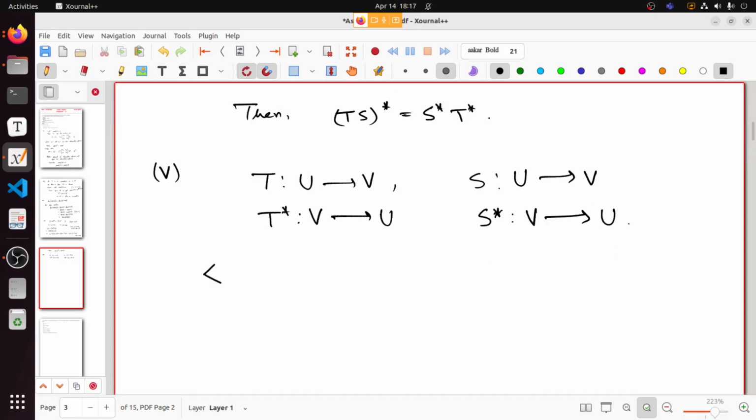So let's compute this. Take the inner product of U, (T plus S) star V, right? So then what will it be?